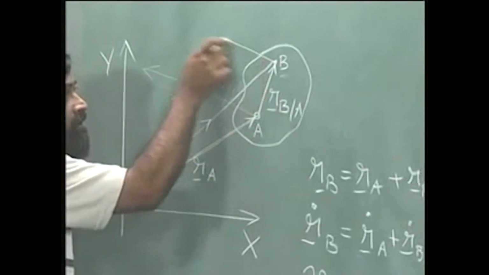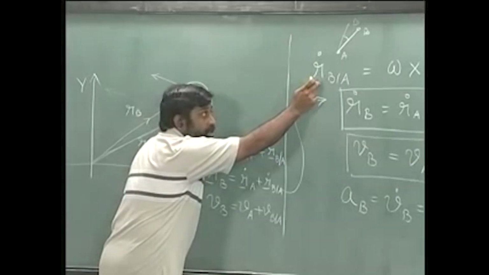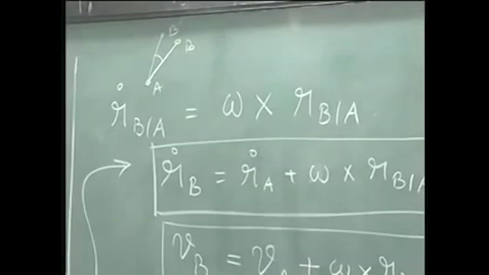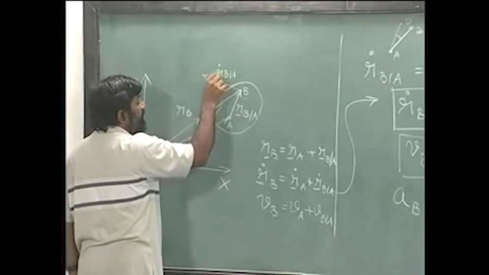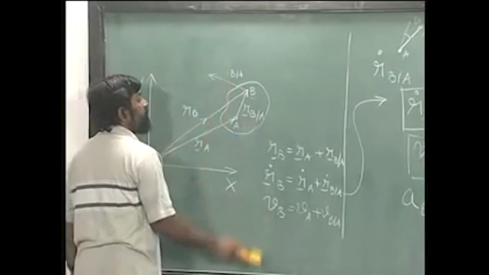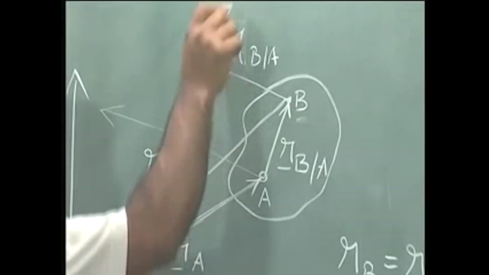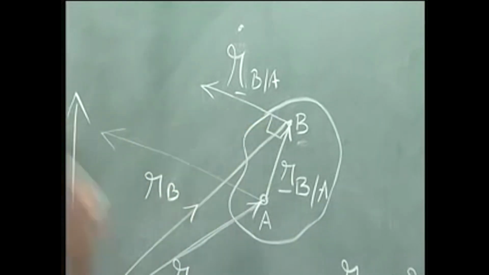So the direction of R dot B with respect to A is this. Okay, I am just showing the direction. Sorry to write this small, it is R. You agree with me? This is perpendicular.